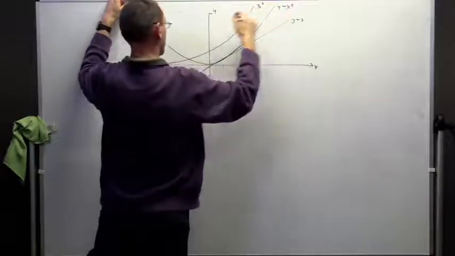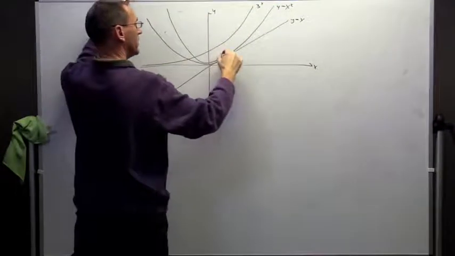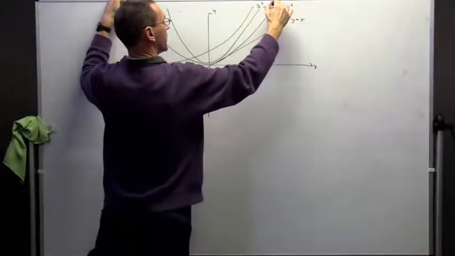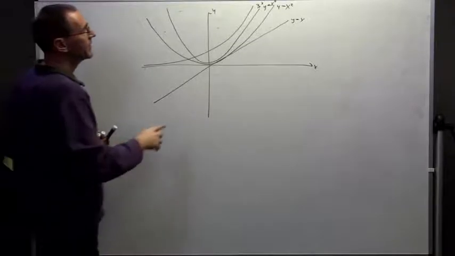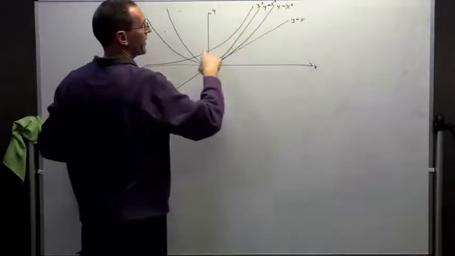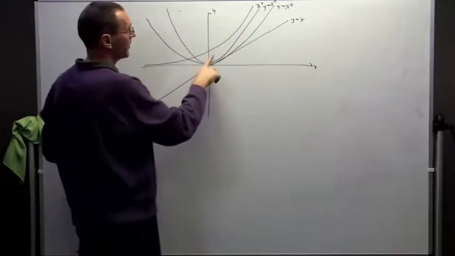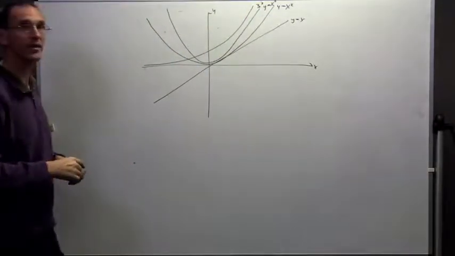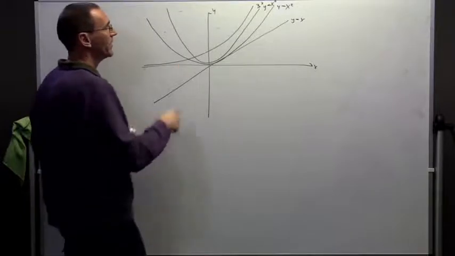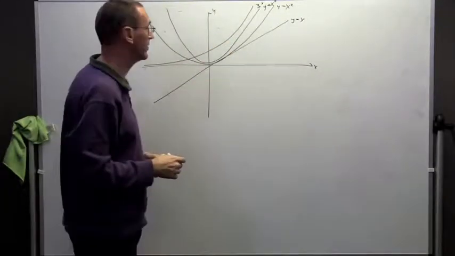Y equals x squared is going to look like that. Y equals x cubed is going to look like that. And I can keep going, and in the short run, y equals x to the 4th or y equals x to the 5th may get above this, but eventually this is always going to win. So these exponentials will always be bigger than any polynomial.